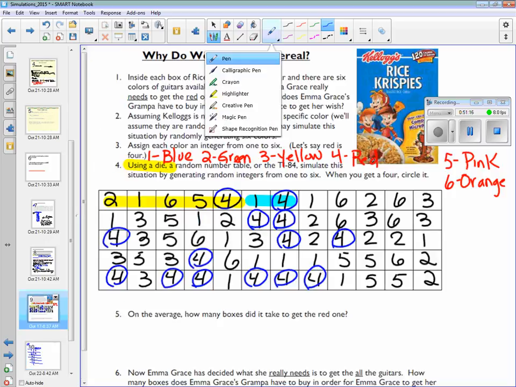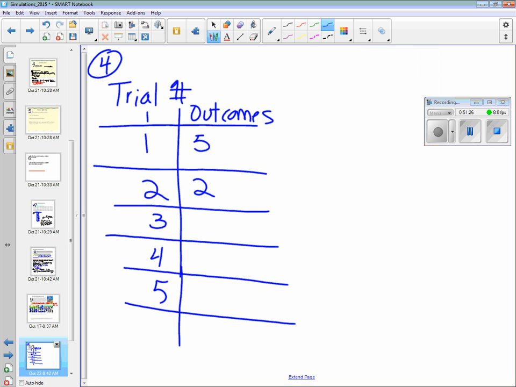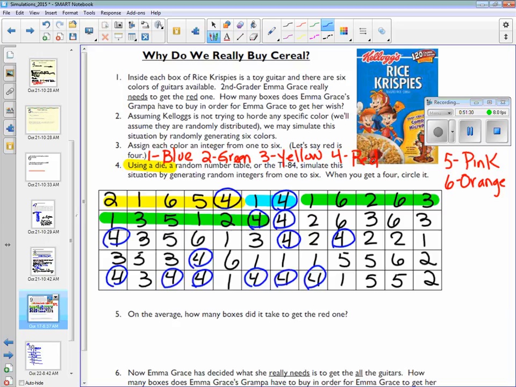My next trial, 1, 2, 3, 4, 5, 6, 7, 8, 9, 10. You don't count the last 4. Because on my chart, the last 4 don't really mean anything because it wasn't a complete trial. So these you don't count. My last trial ended here.